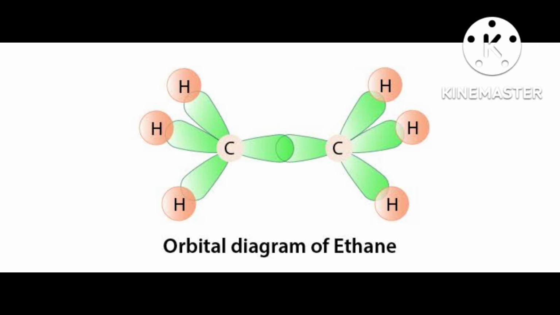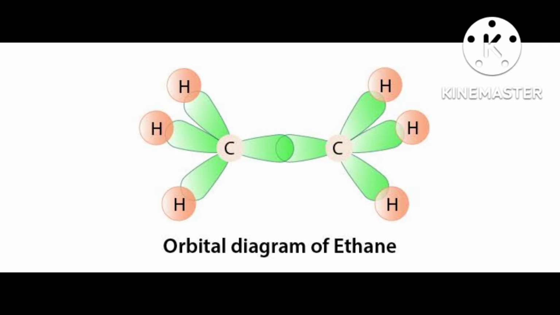Okay, therefore in ethane the CC bond length, now I am talking about bond length, is 154 picometer, and each carbon-hydrogen bond length is 109 picometer. Why 109?